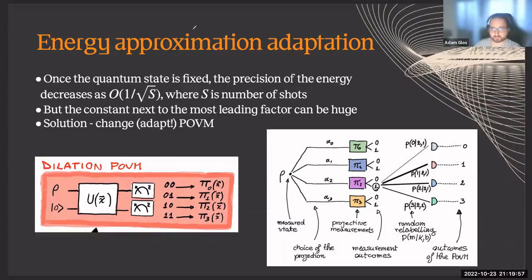As I said before, for informationally complete POVM, this outcome m can give us, and unfortunately I'm using again the same symbol, but now it is not effect, it's the energy with respect to the Hamiltonian.